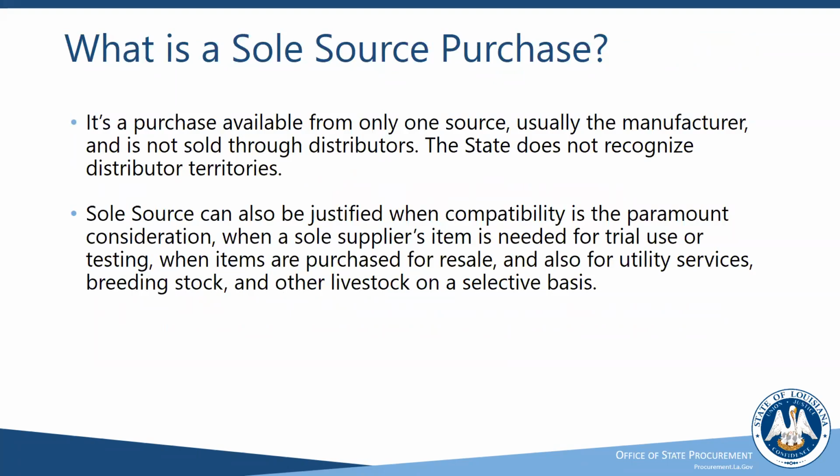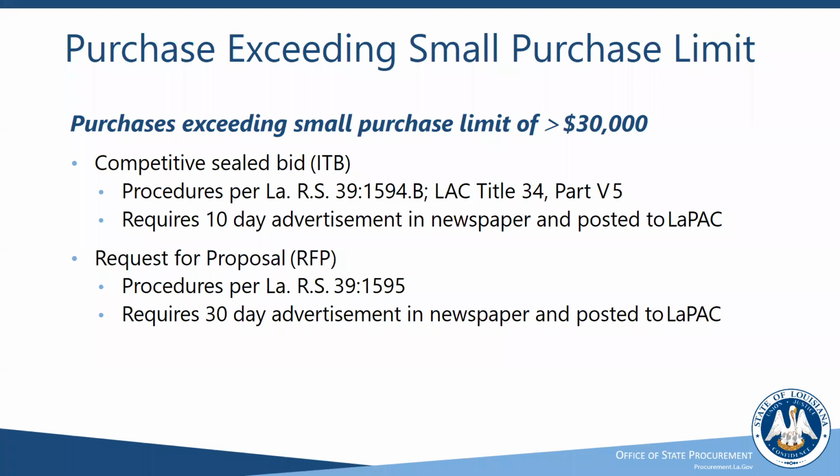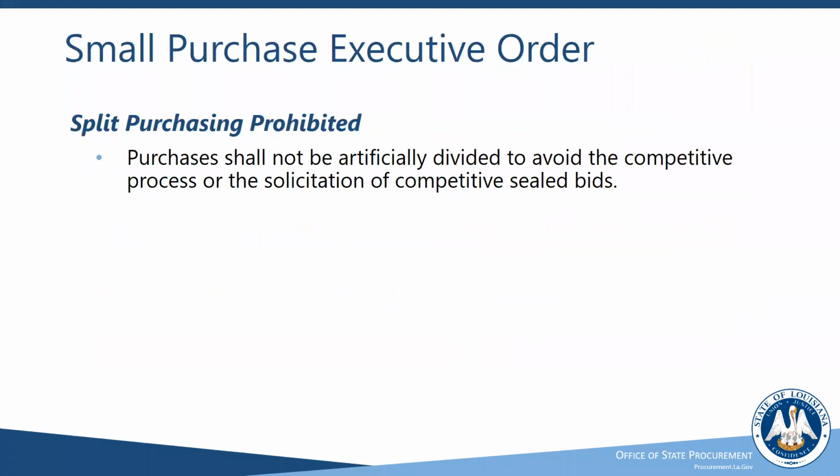We did have a question come in that goes back to what y'all were talking about a few slides ago. It's about split purchasing. If a person makes a purchase from company A of 1,000 pencils, and then makes another purchase from the same company of 1,000 paper clips a day later, would it be considered split purchasing?